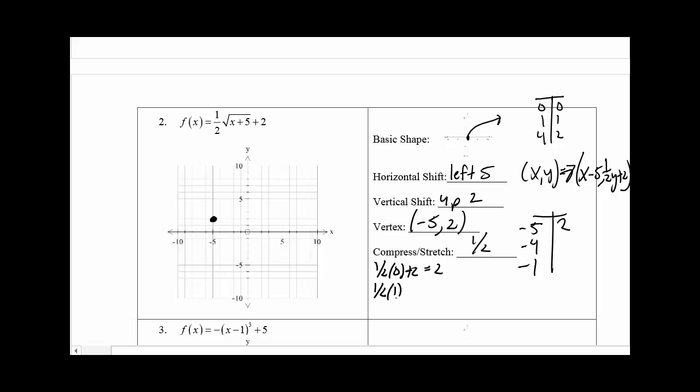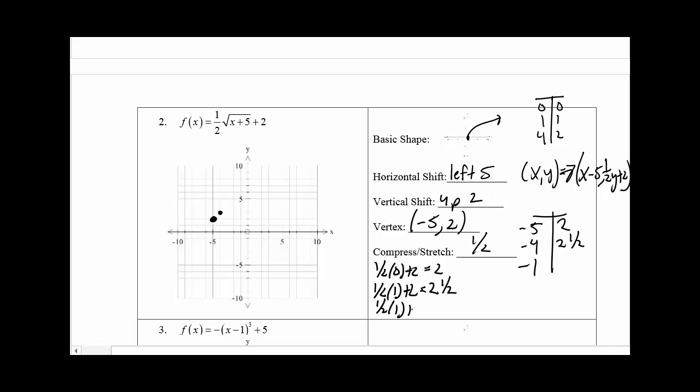And if I have 1/2 times 1 plus, I'm sorry, plus 2, that's 2.5. So I can see (negative 4, 2.5) puts me a little bit above, very tiny, barely tell.